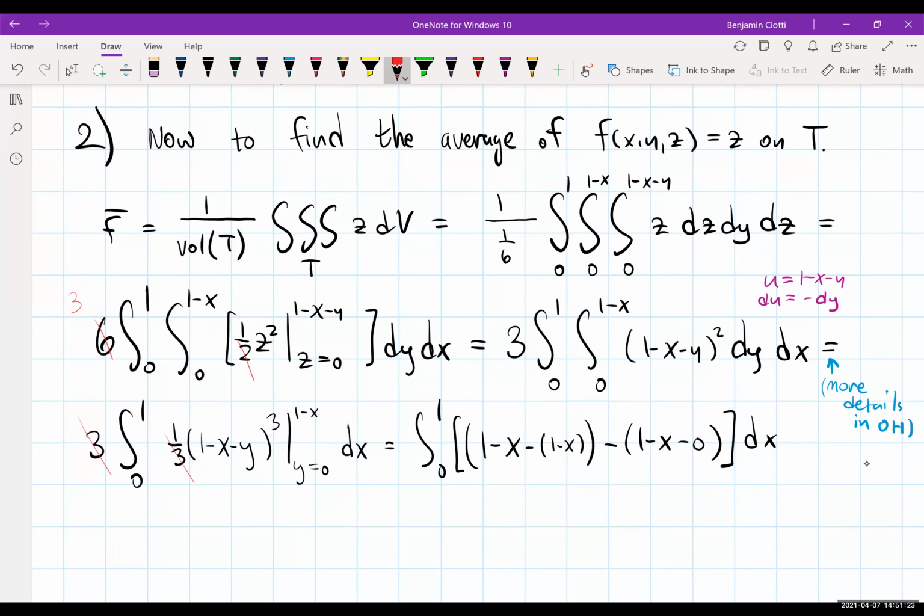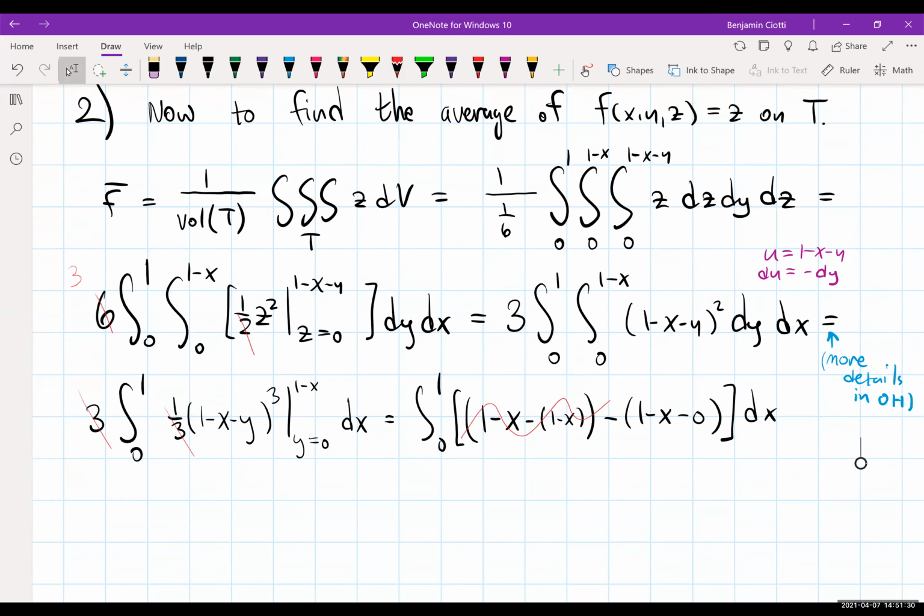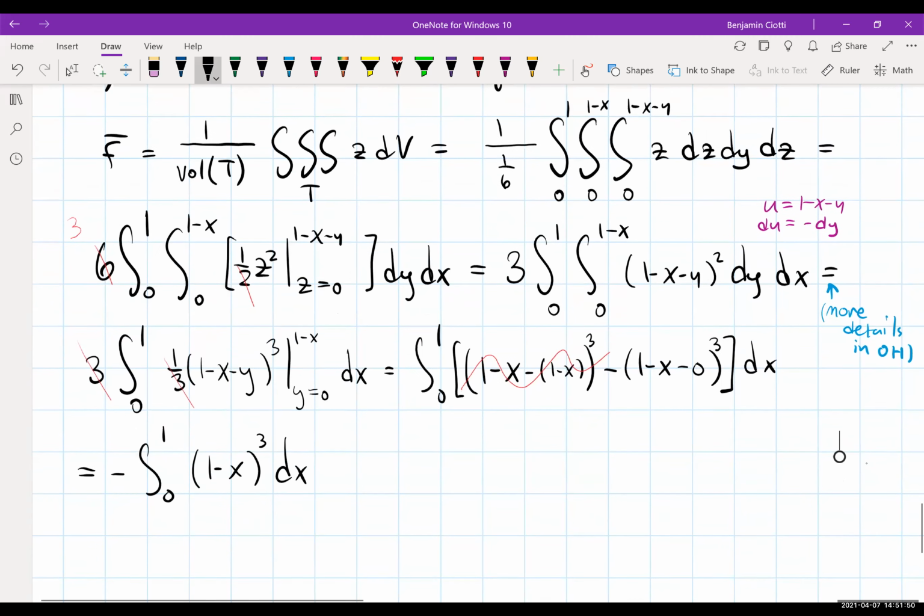This first term just totally cancels. That's 0. Oh, wait, I'm missing a cube. Sorry about that. Cube right there. Cube right there. So what do we have so far? Negative the integral of 1 minus x cubed. We can, again, do a u sub right here.